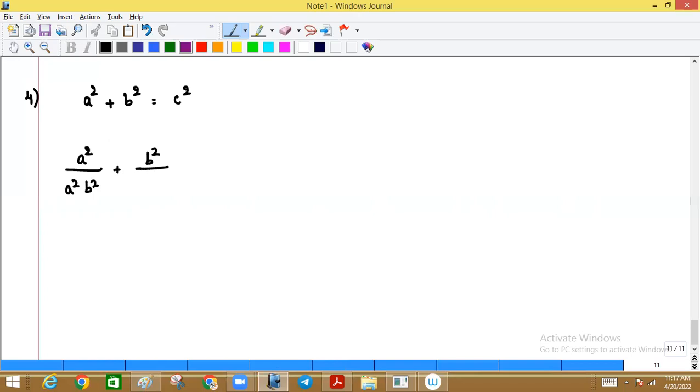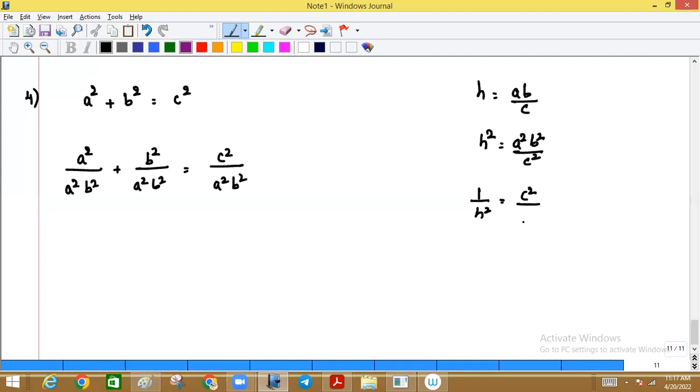H is equal to AB by C. H square is equal to A square B square by C square. 1 by H square is equal to C square by A square B square. So can I say A square cancels, 1 by B square, B square cancels, 1 by A square. Therefore, I'll write it properly. 1 by A square plus 1 by B square is equal to 1 by H square. That's the fourth one.